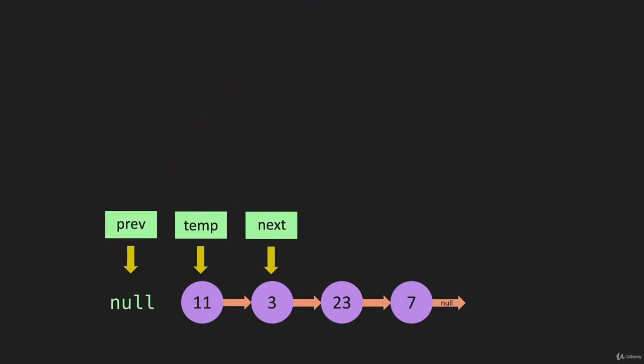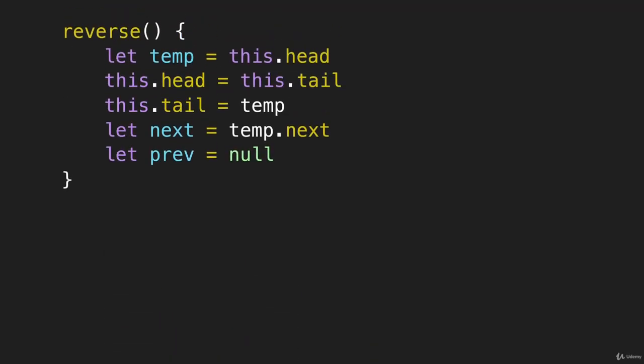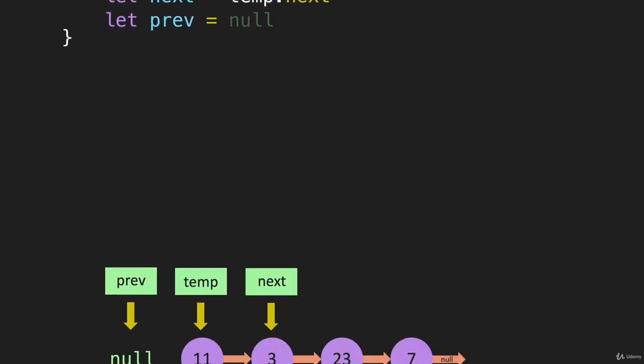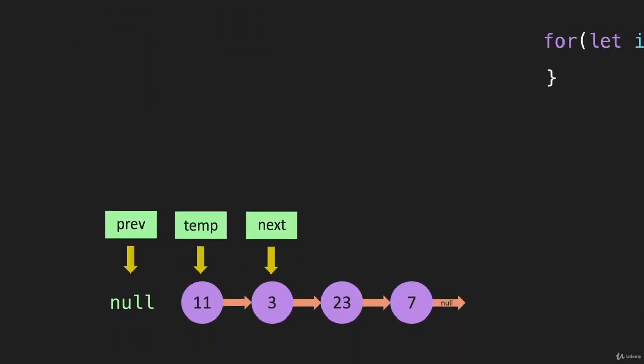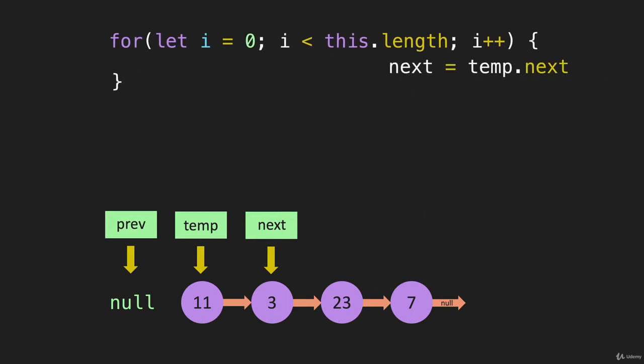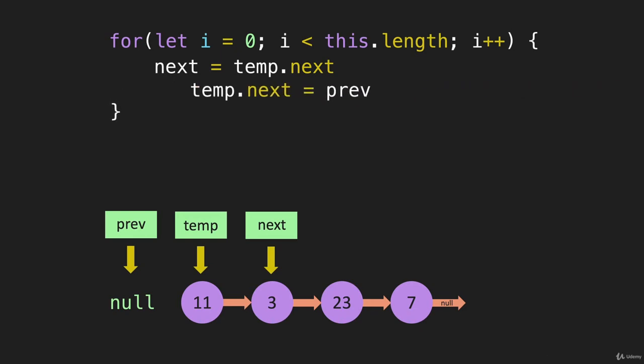Okay, now let's look at the code that we have created so far. We have reversed head and tail, and we have created our variables. So now we can create our for loop. So we can say next equals temp.next, and that already does equal that in the first iteration of the for loop. Temp.next equals previous. Okay, so temp.next, I just highlighted it there.